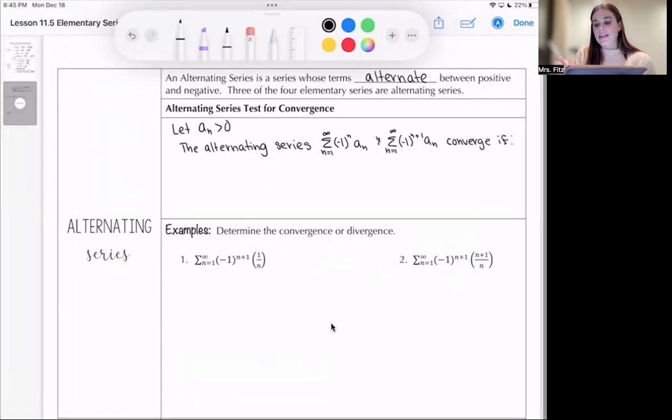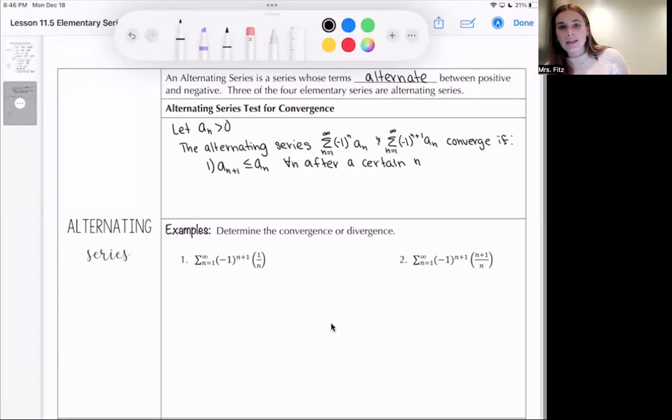if, now notice this test only tests convergence. So it's determining convergence. Okay, so if 1, these are the 2 conditions that need to be met. So 1, a sub n plus 1 must be less than or equal to a sub n for all, that upside down a means for all n, after a certain n.